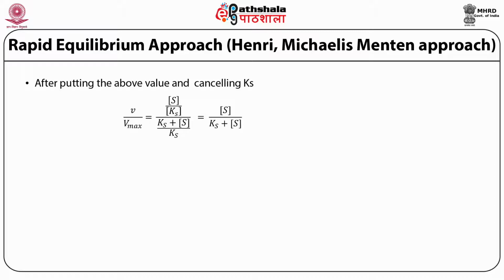If you cancel the Ks and Ks, Vmax and V0 stay the same, but the right side becomes substrate concentration divided by Ks plus substrate concentration.